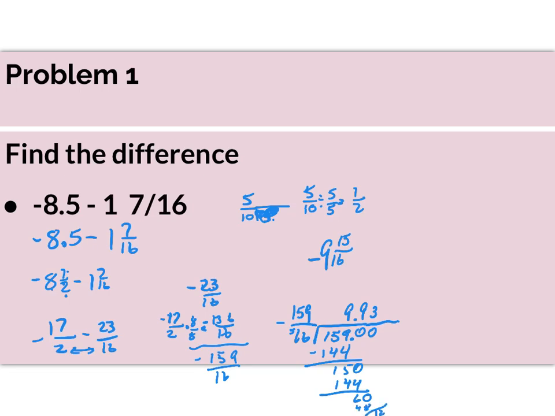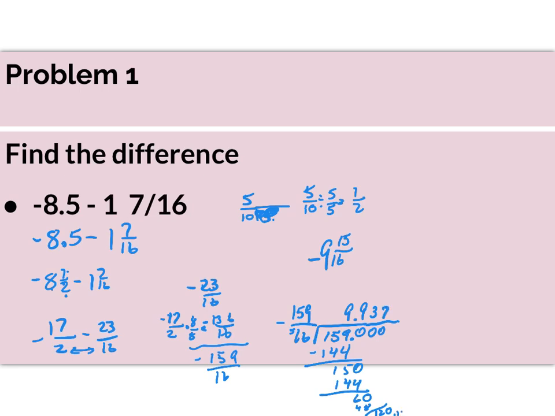Put a 0 and a 0. 16, 64, 80, 96. 96 and 10 is 106, plus 6 is 112, so 7.